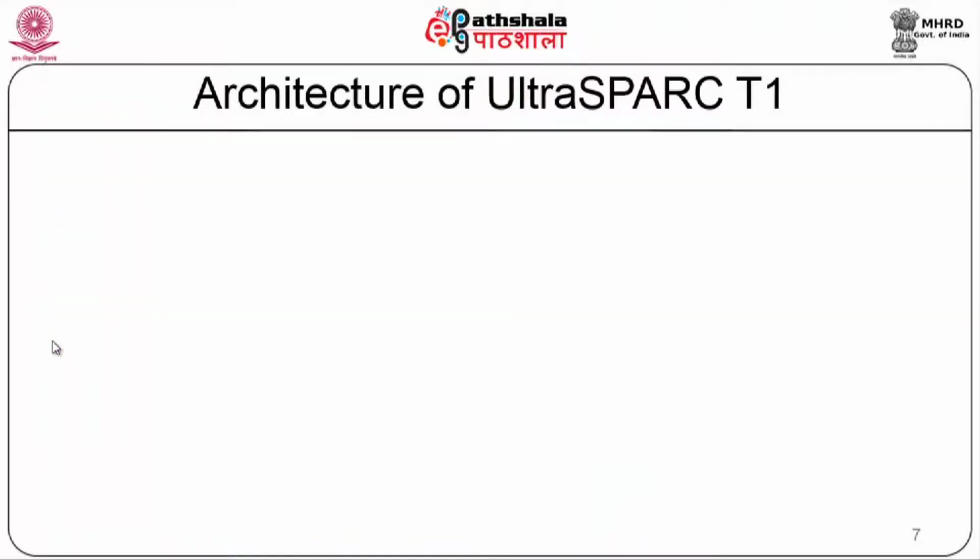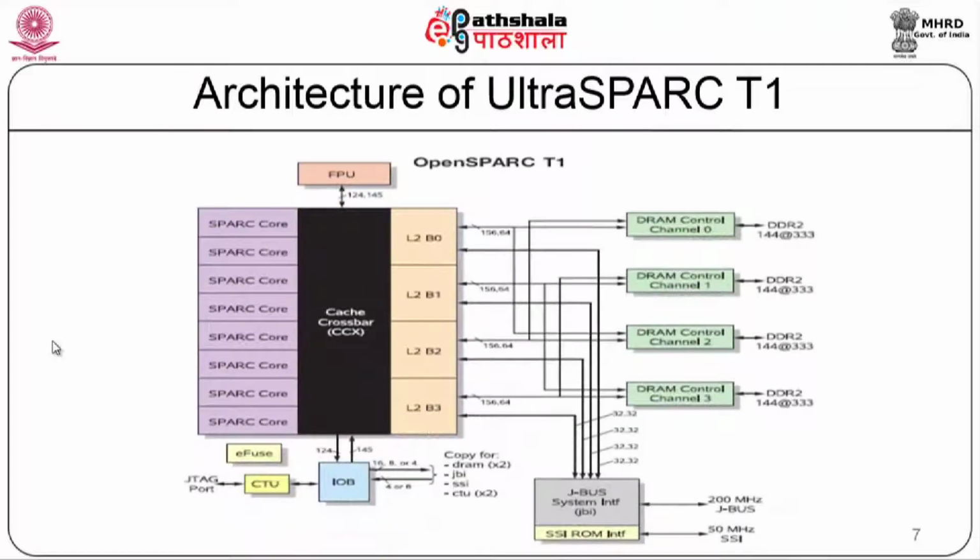If you look at the architecture of the UltraSPARC T1 or Niagara, we will use the names interchangeably, because UltraSPARC T1 is codenamed Niagara 1 and UltraSPARC T2 was codenamed Niagara 2. In the architecture of UltraSPARC T1, there are 8 SPARC cores and 4 L2 banks.